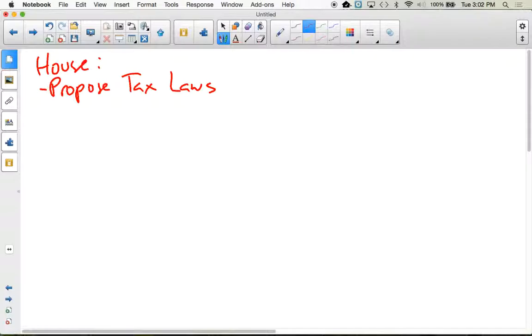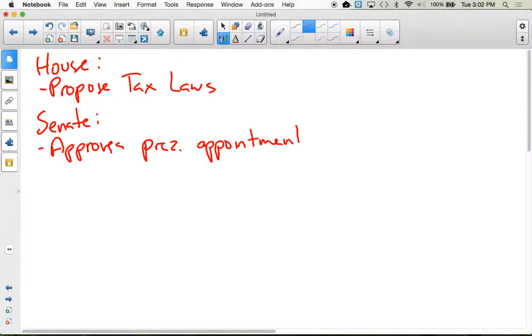The Senate approves presidential appointments. Wait, that's the only job the House has? That's their only single job. They're also going to make laws. These are jobs specific to each place. We'll talk about what they do together in a second.